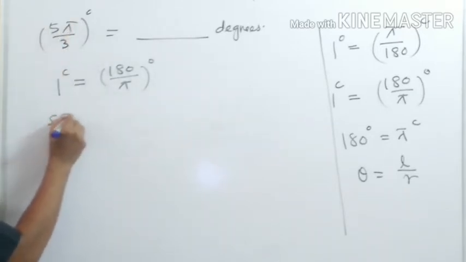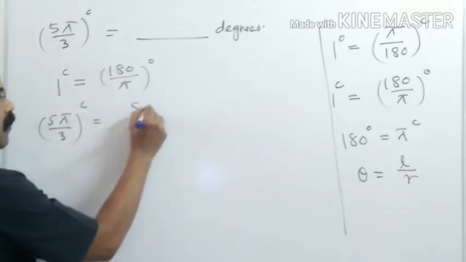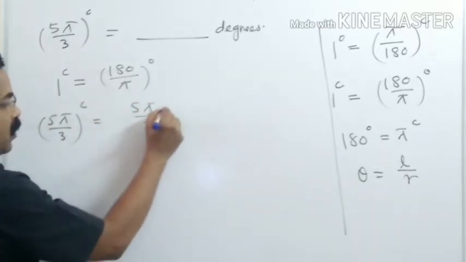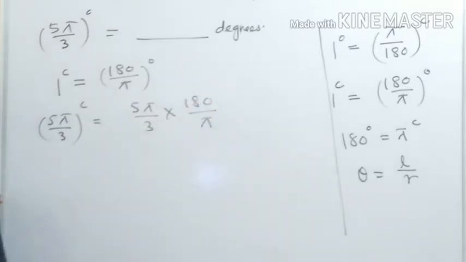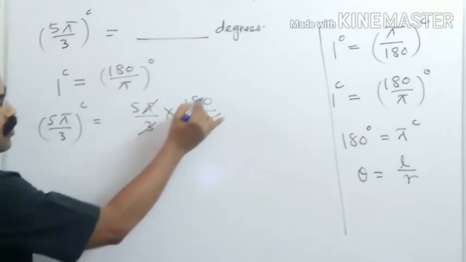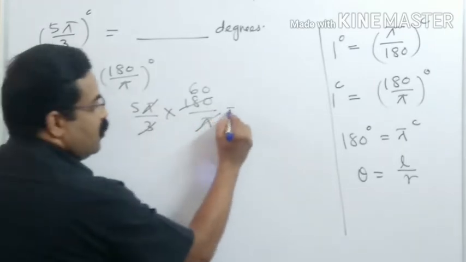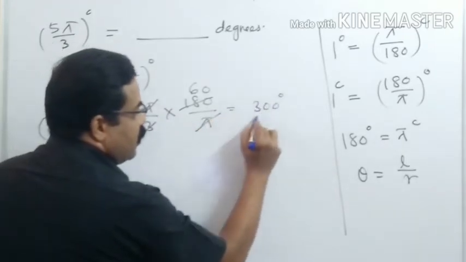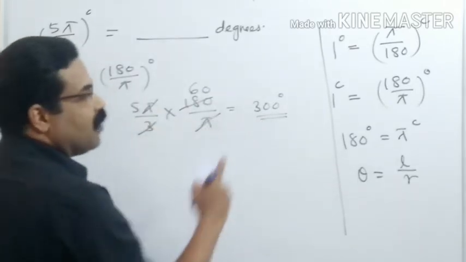So 5 pi by 3 radians will be equal to 5 pi by 3 into 180 by pi. I can cut this pi and pi, and 3 into 180 is 60 times. So 5 into 60, I got 300 degree. So 5 pi by 3 is equal to 300 degree.